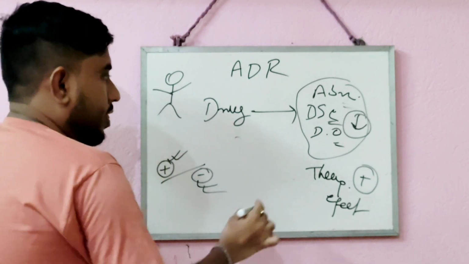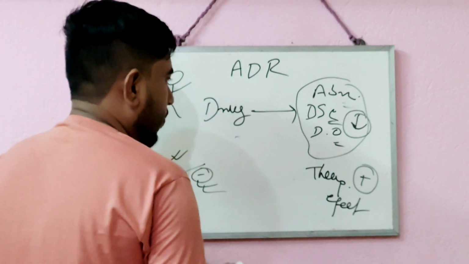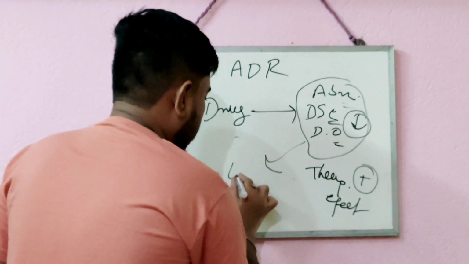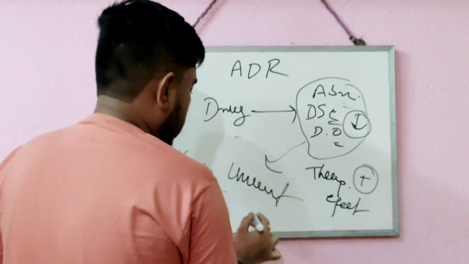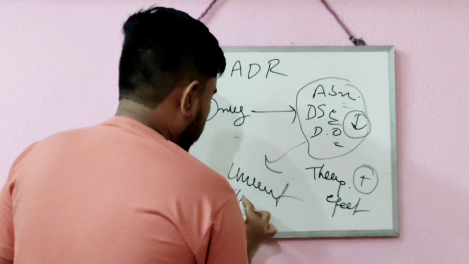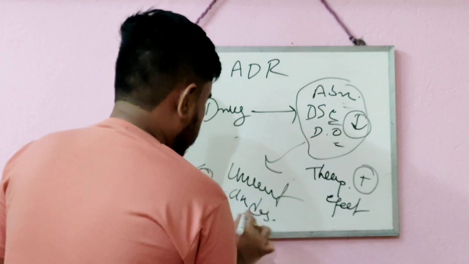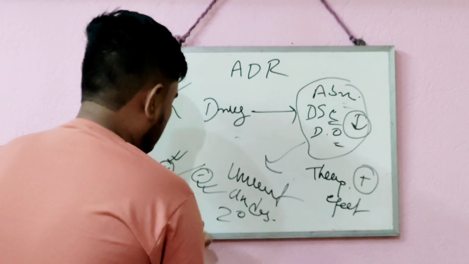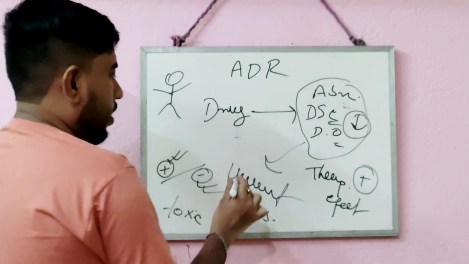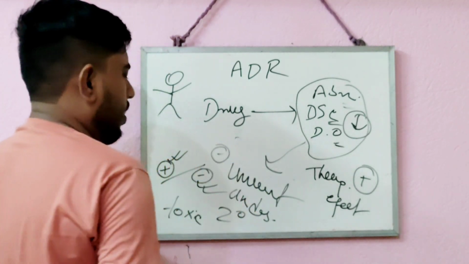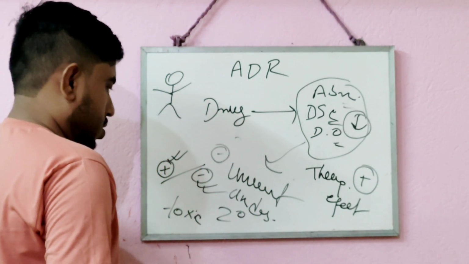And besides the therapeutic effect, some unwanted effects are also shown by different drugs, which are undesirable, secondary and toxic in nature. That is considered the negative effect or negative response of drugs.